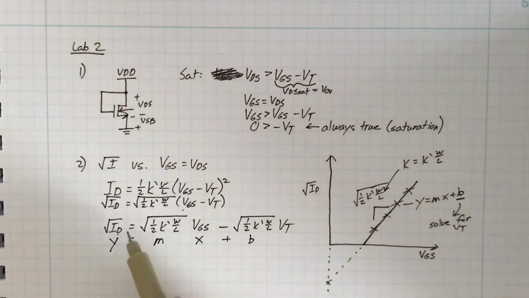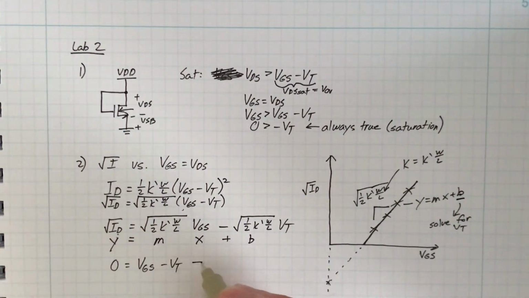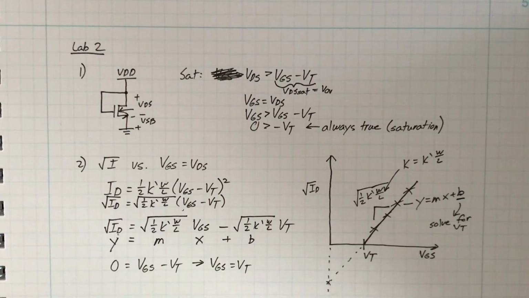Something to note from this equation, if y equals 0, you can take out this square root of 1/2 K prime W over L from both of those parameters, and at that instance VGS is equal to VT. So actually the x-intercept here lines up with the threshold voltage. So you could get it from that as well.